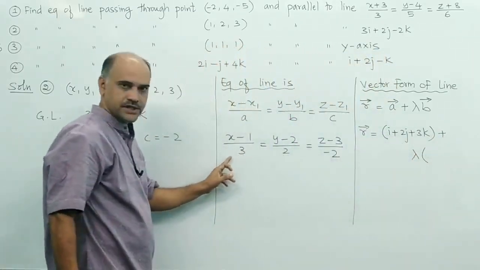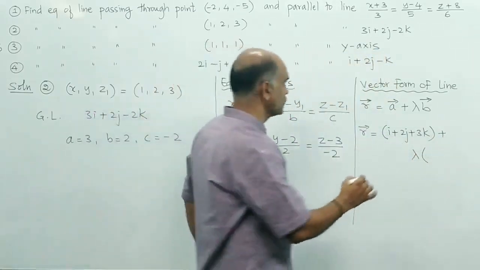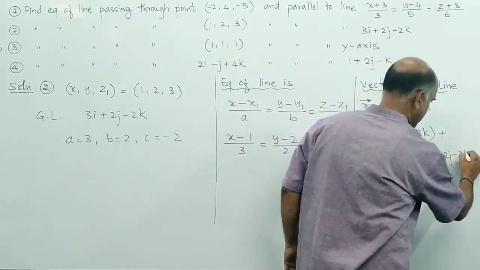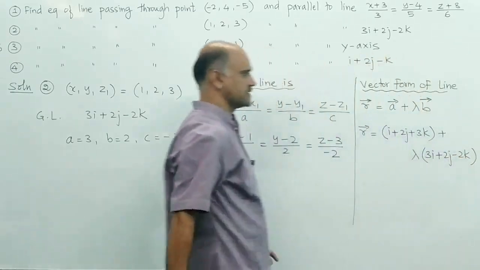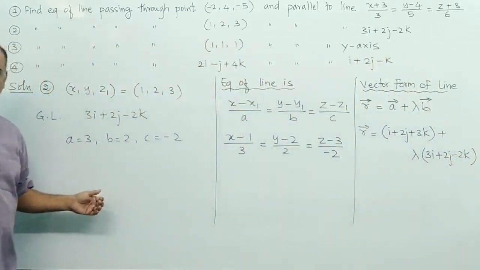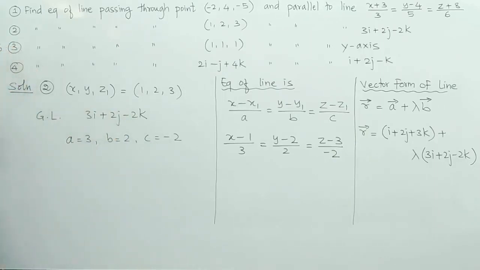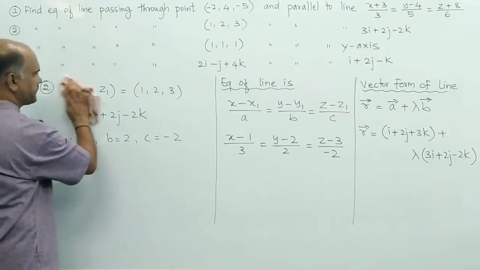B is direction ratios 3, 2, minus 2. So you'll have 3i plus 2j minus 2k. This is a vector form. Clear, students? Now next, we'll go for the third one, which I had asked in March 2016.